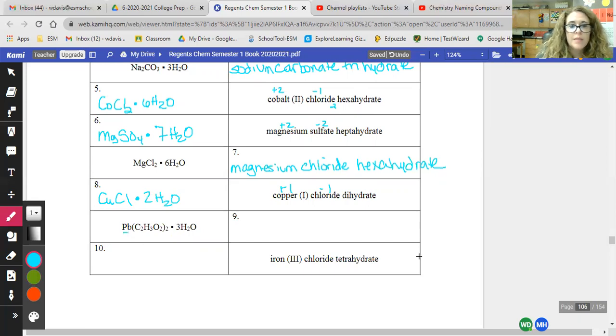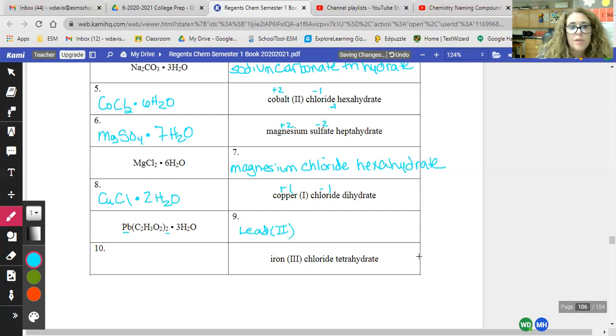So now I'm going to name this one. This is lead. I know I need a Roman numeral because lead has more than one oxidation state, and it's in the periodic table center area, the transition metals. So I need to know what the Roman numeral is. So I'm going to go over here and grab that subscript of 2. So lead, Roman numeral 2.